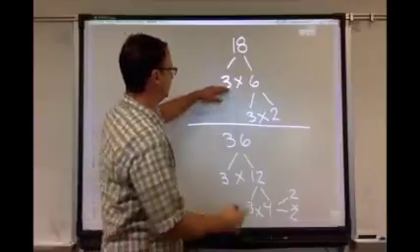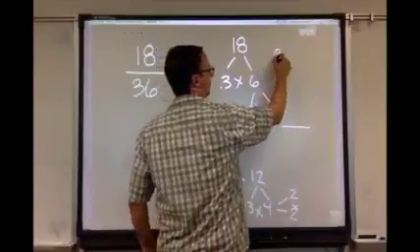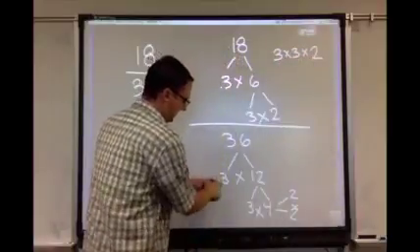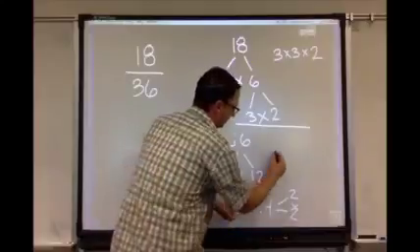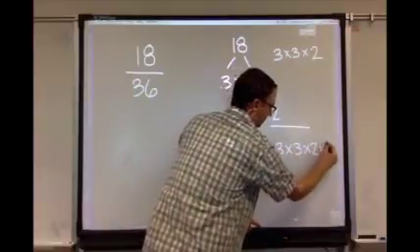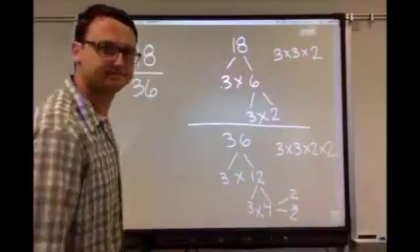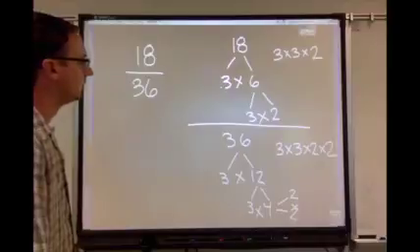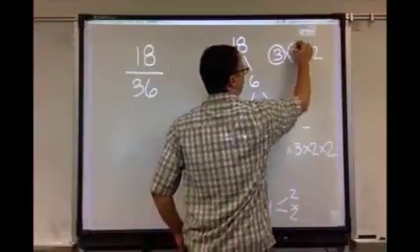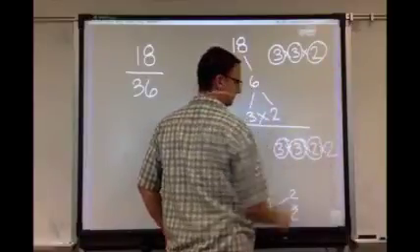Okay, so this number gives you 18, so 3 times 3 times 2. This number times this number times those two numbers gives you 36. Well, let's circle what's similar. We have 3, 3, 2, 3, 3, 2.